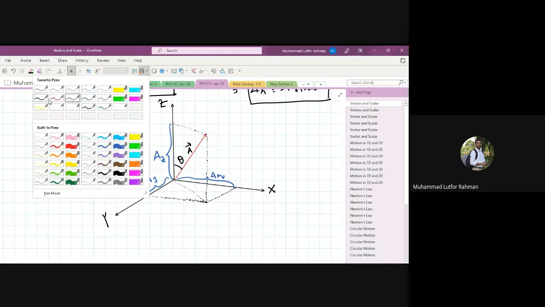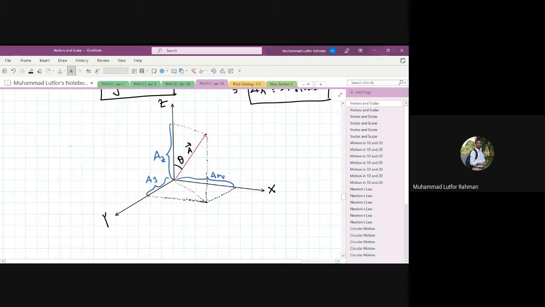Fine. I can find the az directly, which is easy, because if I draw that triangle over here, this angle is 90 degrees, this angle is theta, this is the vector A, and this is my AZ component, right?